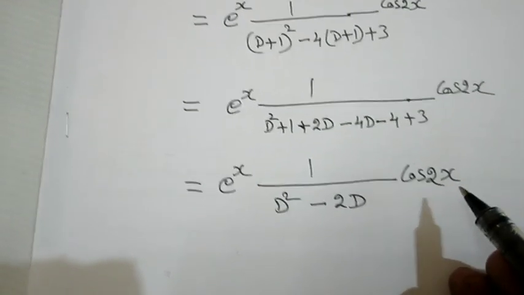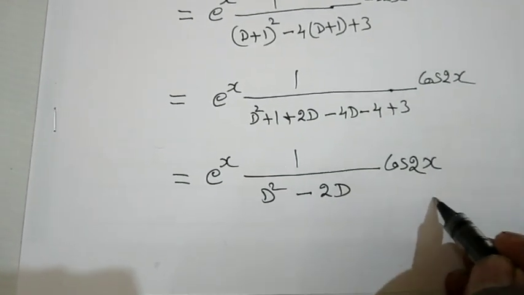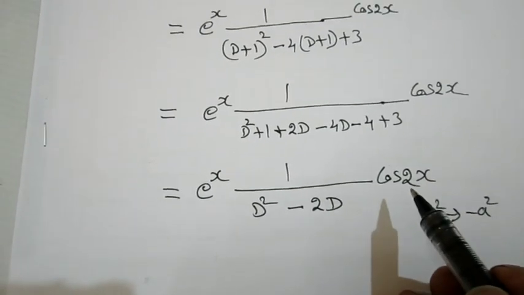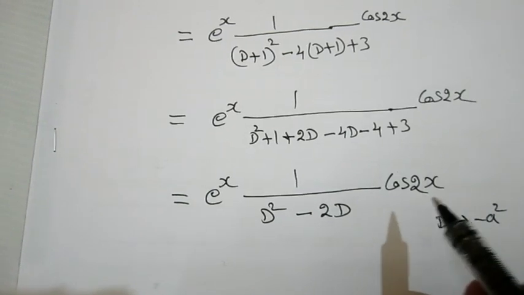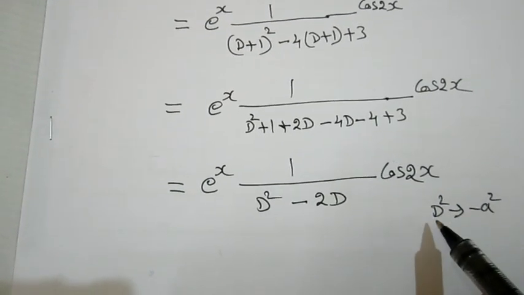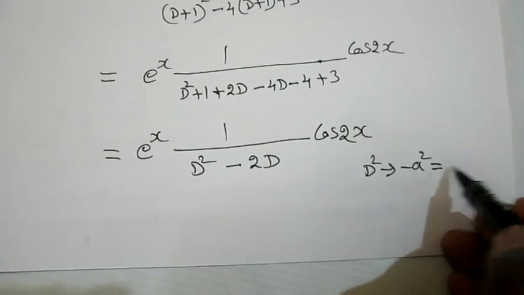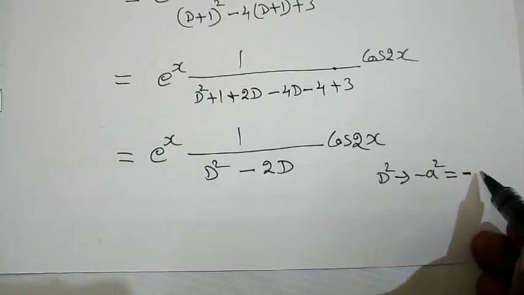In type 3, the cos and sin type, we have to replace D square by minus a square. Here a is 2, and 2 square is 4.